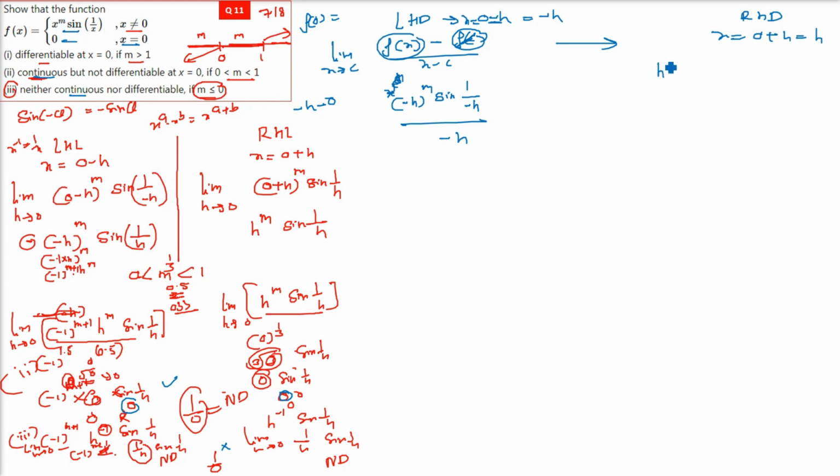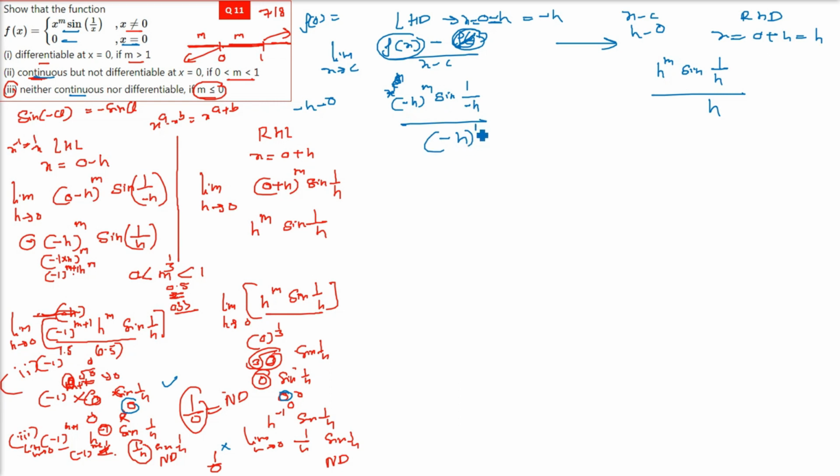Similarly, on the right hand derivative, h raised to the power m sine 1 by h minus f(c), which is already given as 0, which we did in the LHD. So we won't worry about minus something. What is in the denominator? h minus c, which is h minus 0, which is h.